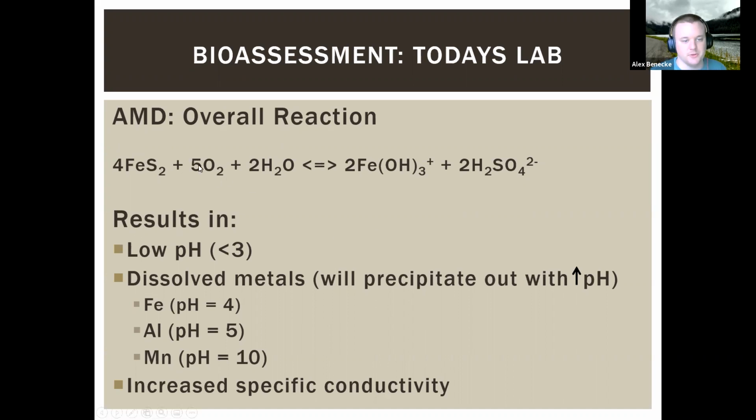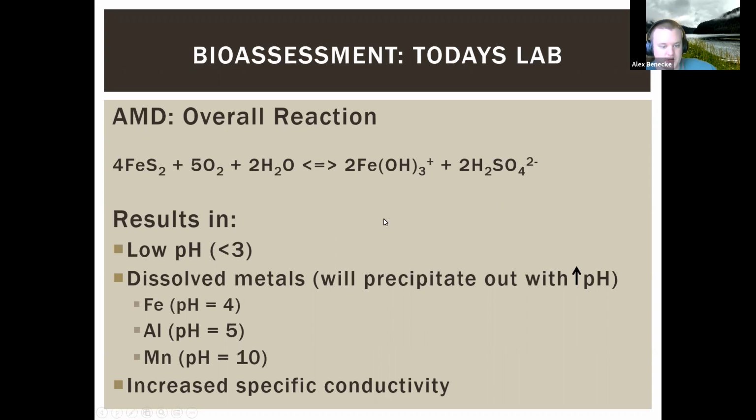Now it'll react with the water and oxygen to produce basically sulfuric acid. So we're decreasing the pH here, so it could result in low pH, even as low as -3. This is a big common problem in West Virginia, because we have a lot of coal mines here, and the water that comes up from those does run off into streams.